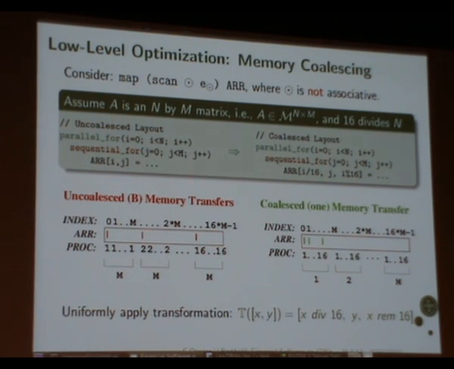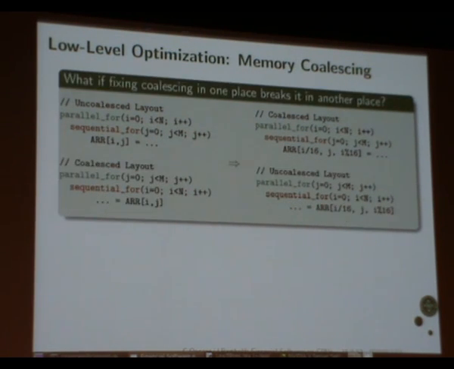So we apply this transformation, T of x, y equals x divided by 16, y x minus 16, uniformly to the code, and this will fix coalescing, as in this case. This will give coalesced access.